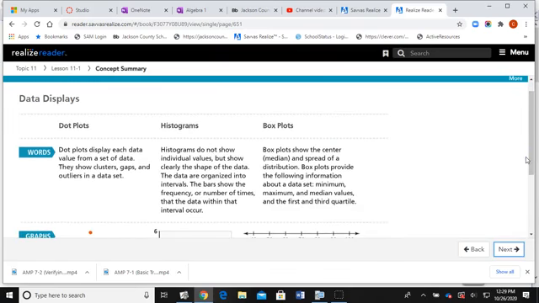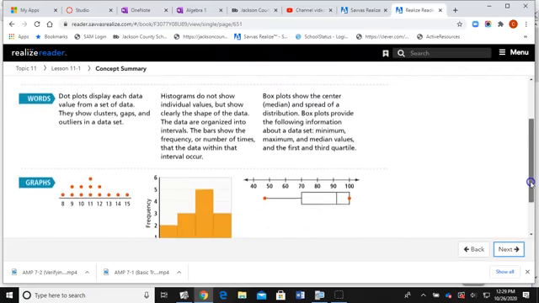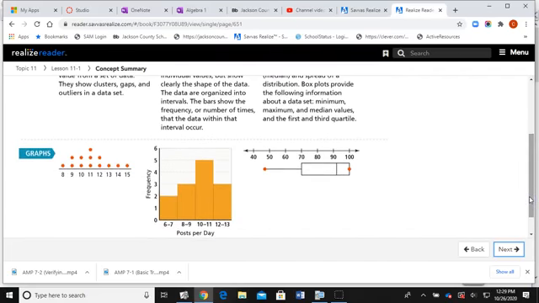In your book, write a quick little summary of each one and what they're good for. Also a summary of what they look like. Basically a histogram. What's it look like? It looks like a bar graph, okay? Y'all remember bar graphs? What makes it a histogram rather than a bar graph, though? They're connected.